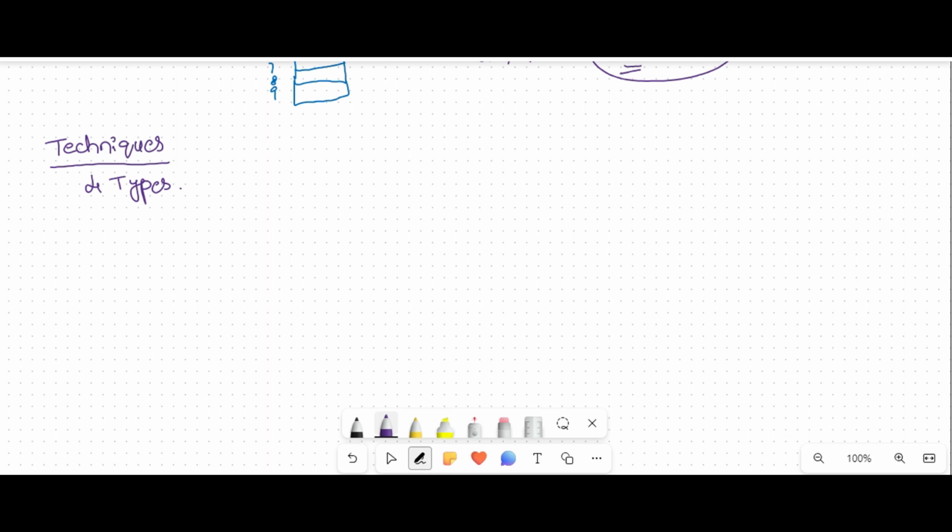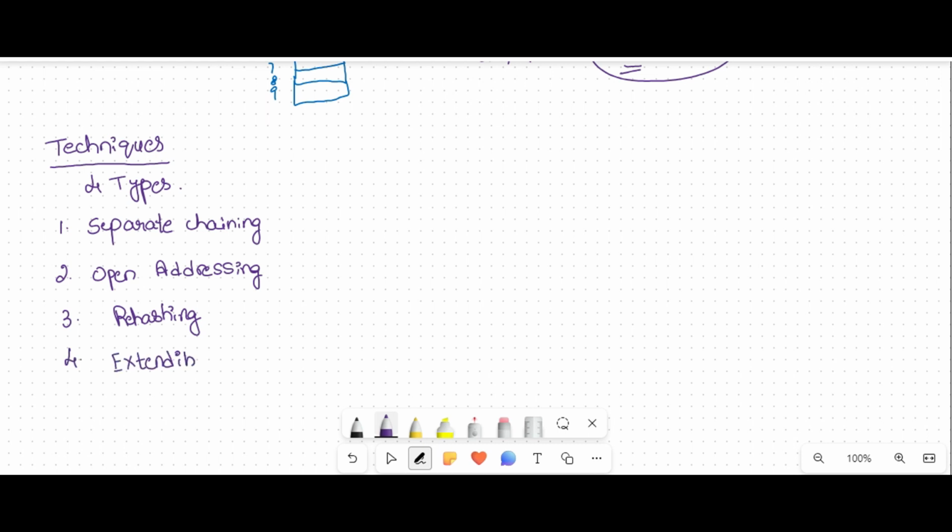First one is separate chaining. Second one is open addressing. Third one is rehashing. Fourth one is extendable hashing.